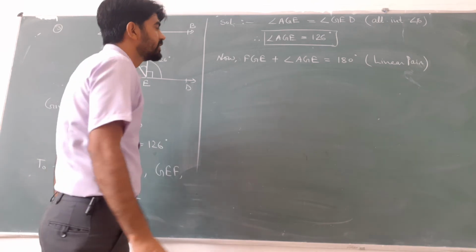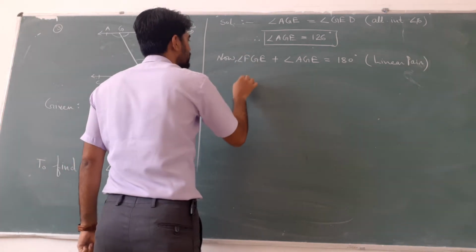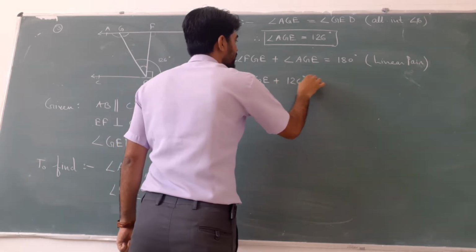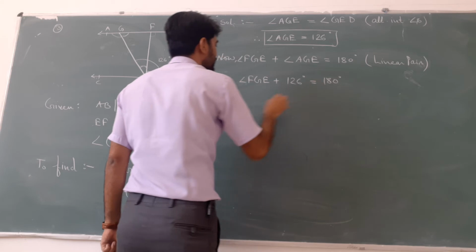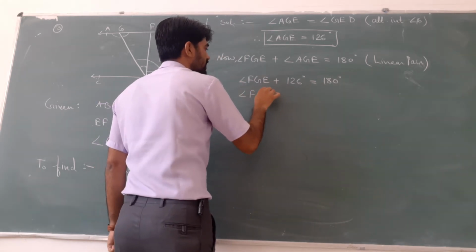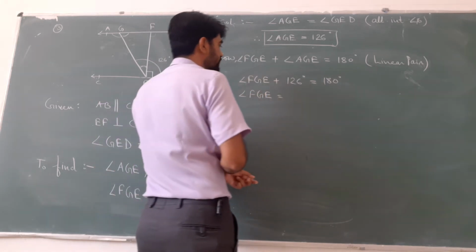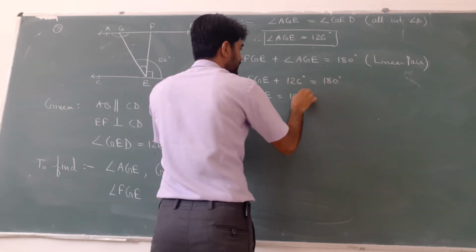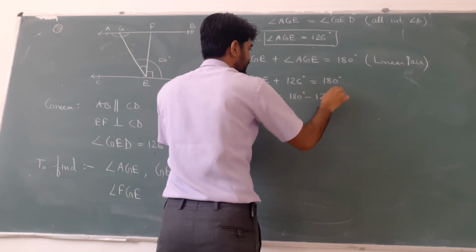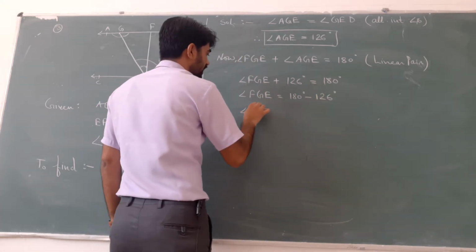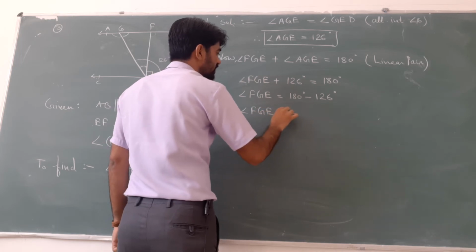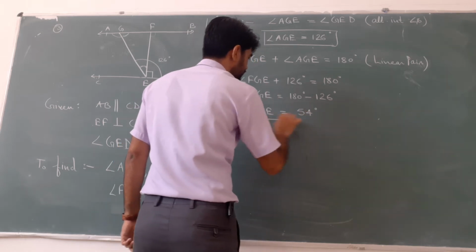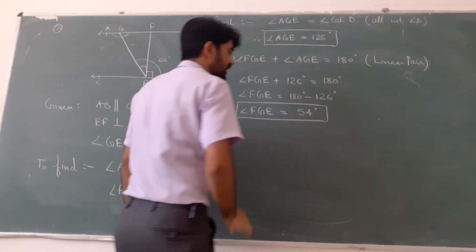It is 126. So angle FGE plus 126 degrees is equal to 180 degrees. So angle FGE is equal to 180 degrees minus 126 degrees. So angle FGE is equal to 54 degrees. This will be the second answer.